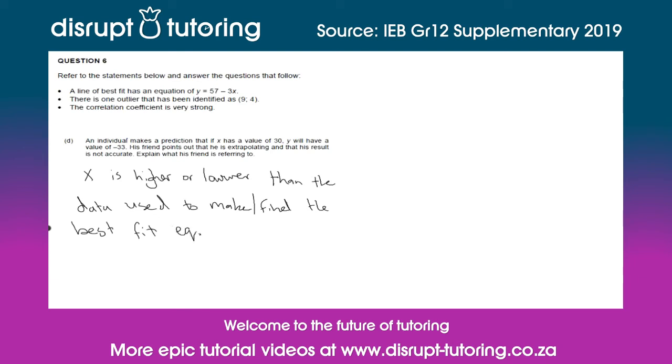So basically this means that we're not guaranteed that the value of minus 33 is accurate. Because of this, we cannot guarantee that the answer will be accurate. So that concludes question 6.